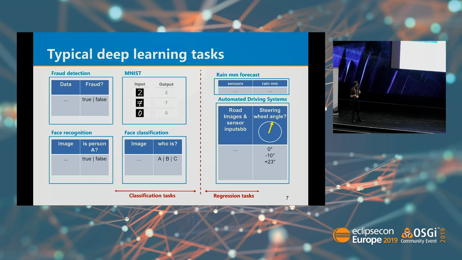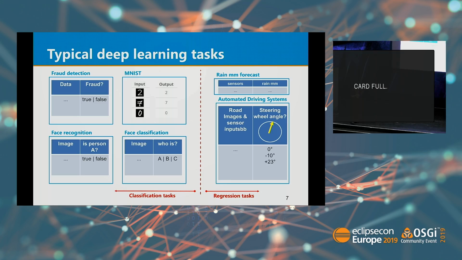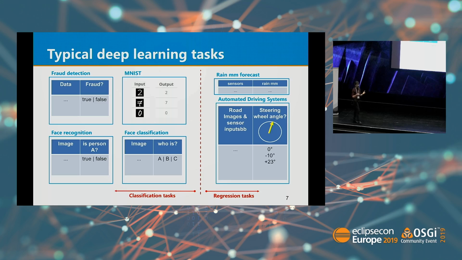Two typical tasks for neural networks are classification tasks and regression tasks. In classification tasks, we have only one turned-on node in the output layer, the one that corresponds to the class that is associated with the input. While for regression tasks, we have a value in a range.